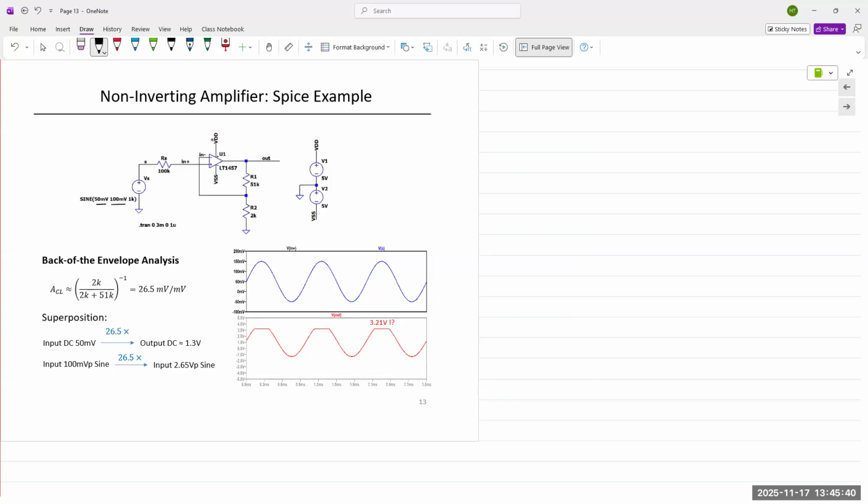Let's perform analysis for 0 to 3 milliseconds in steps of 1 microsecond each. VDD and VSS is set to 5 volts. So actually, the power supply rails go between plus and minus 5 volts.